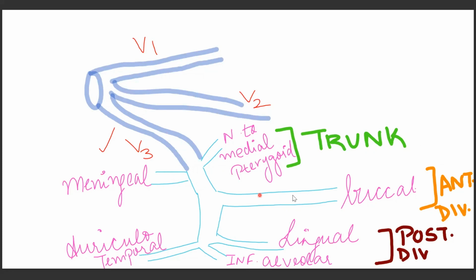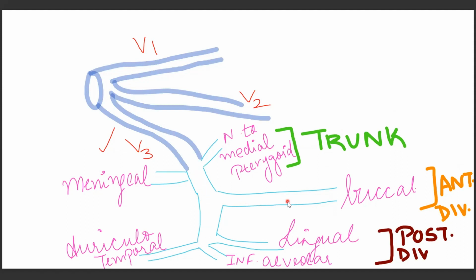One goes anteriorly and one goes posteriorly. So first is the trunk, then the anterior division, and the posterior. From the trunk, the mandibular nerve gives off two branches, the meningeal branch and the nerve to medial pterygoid.